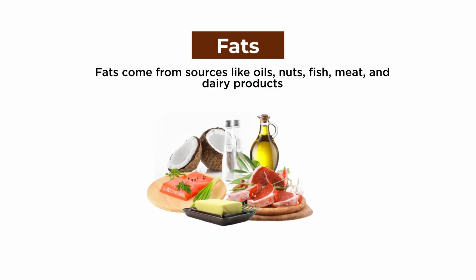And your fats are going to be like your oils, butter, some meats as well. Just because something is considered a protein doesn't mean that it doesn't also have things like fats in it. If you think of things like a chicken breast compared to a filet mignon, those are going to be very different in calories because one has way more fat content, which would be the filet compared to the chicken breast. All right. Those are the main macronutrients and the amount of calories per gram.